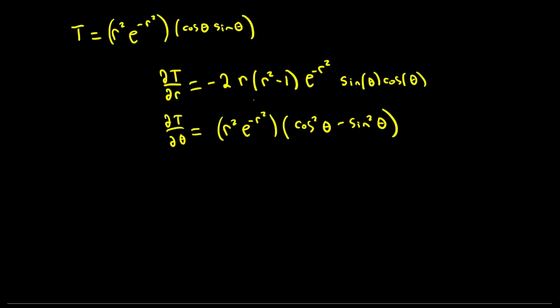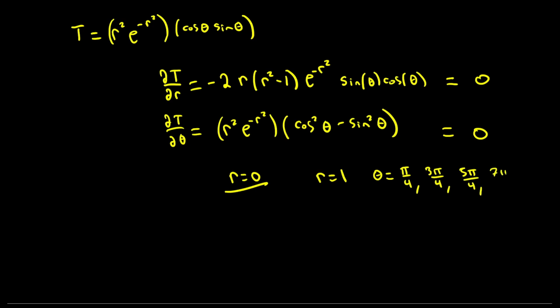When solving for critical points, you set dt dr and dt d theta simultaneously equal to 0, and you're going to get that the correct critical points directly correspond to either r equals 0, which is the origin, or r is equal to 1, and theta is equal to pi over 4, 3 pi over 4, 5 pi over 4, and 7 pi over 4.